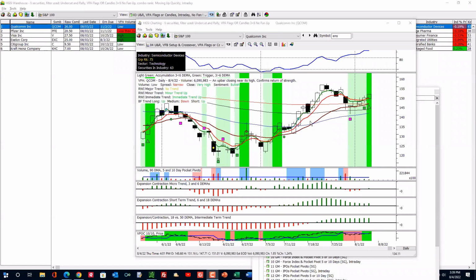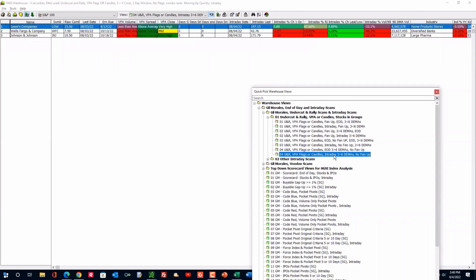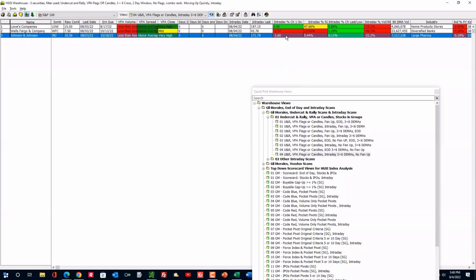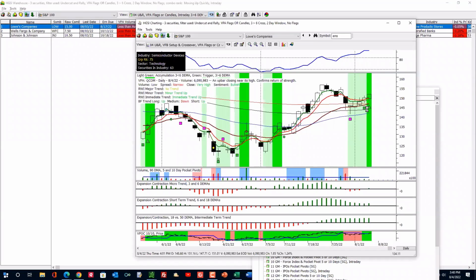But I put these in here for Gil and for me and my files too, because I want to look for these stocks that are crossing over or potentially crossing over. You can see they weren't crossed over yesterday, but they crossed over today. Some of them, or if they didn't cross over, they're up for the day. And then these crossed over yesterday, but they're down. 2 out of 3 are down.